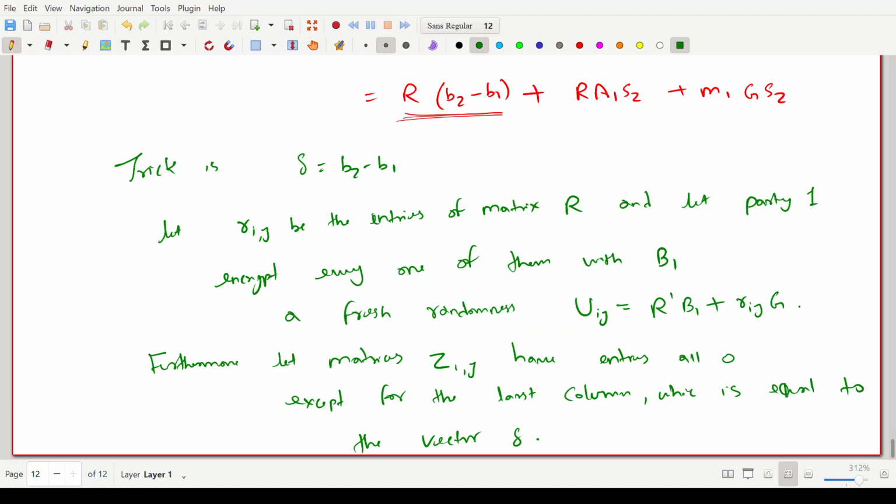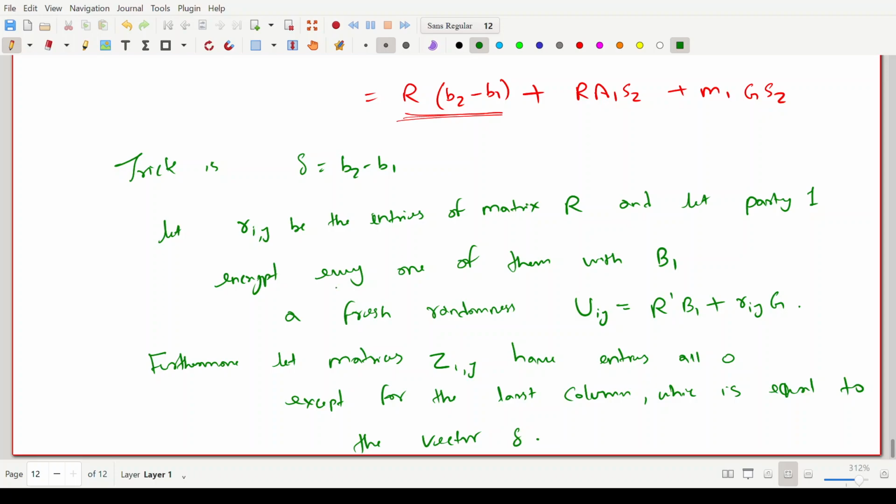Okay, so let me just quickly summarize. The first thing is I want you to focus on this term. Can we find this r into b2 minus b1, because this was the extra term I was having. So what I did, I can find this delta, which is b2 minus b1, and r was publicly known.